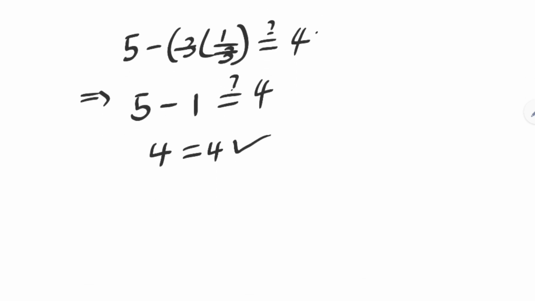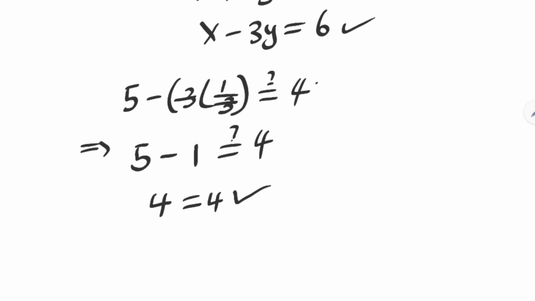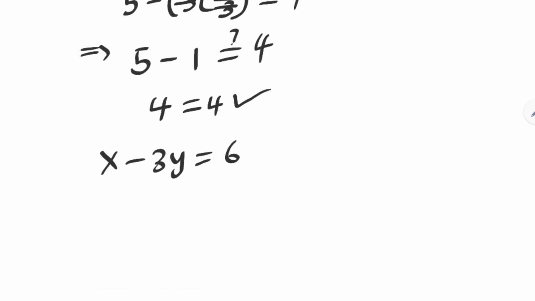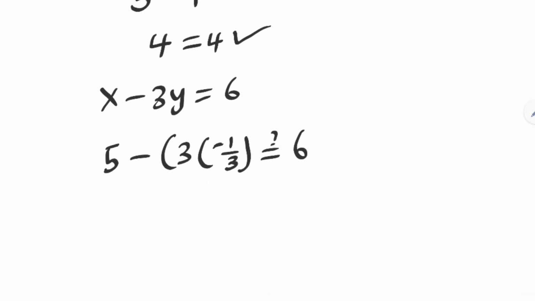Let us consider this. x minus 3y is equal to 6. Then 5 minus bracket 3 bracket minus 1 over 3 must be equal to 6.